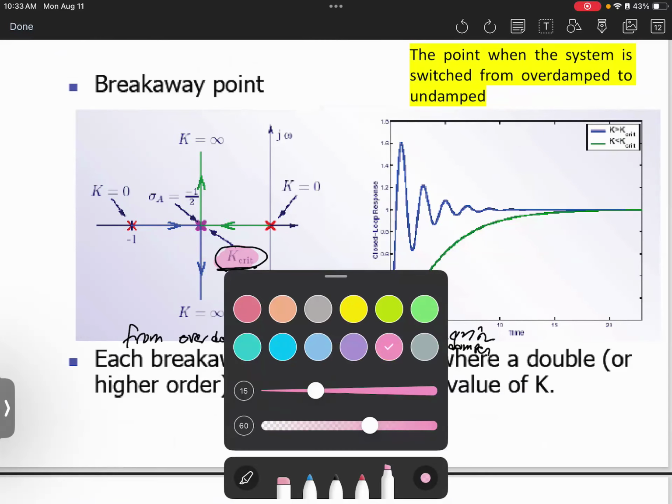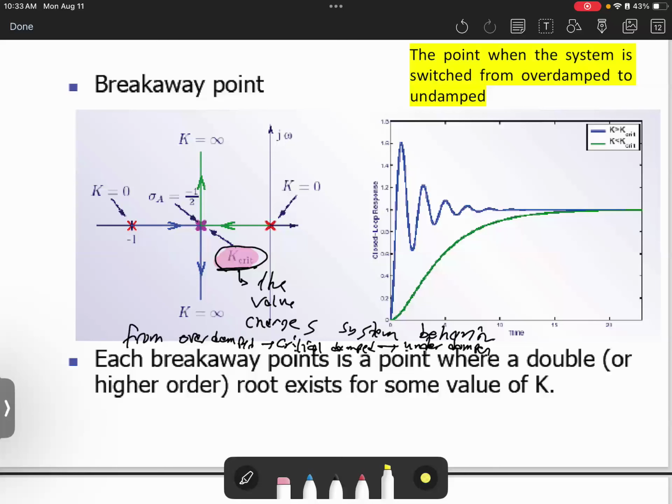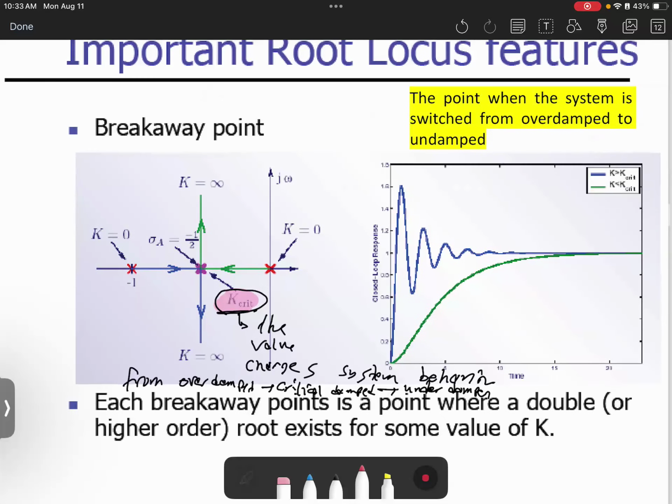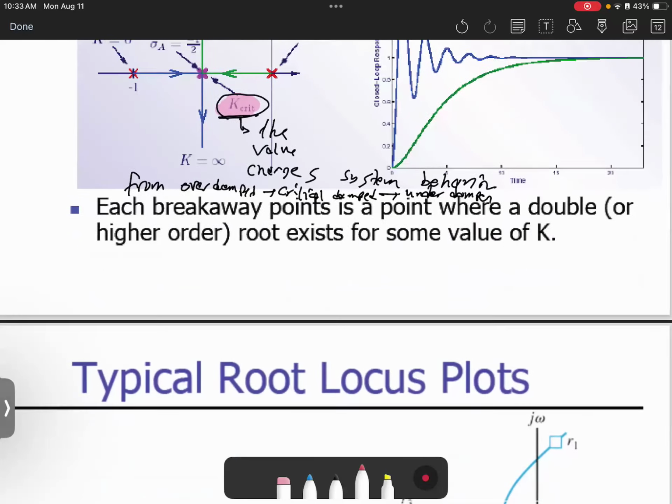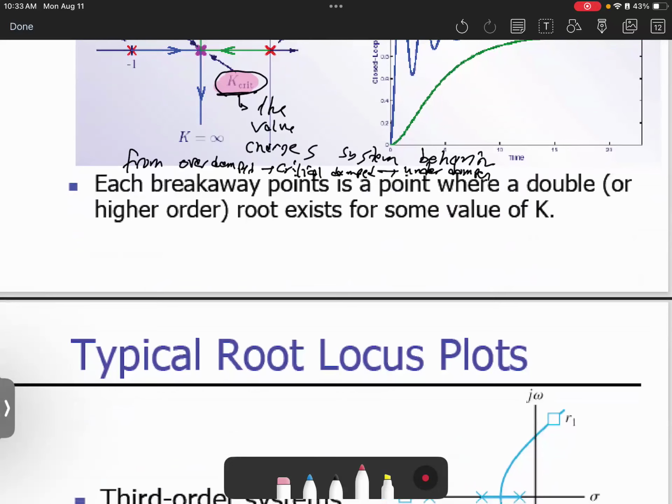If it is after that, it will start oscillating, meaning oscillation starts and omega appears, which is called underdamped. So the point where the system switches from overdamped to underdamped, this is K critical. This is a very important result that I need you to think about and keep in mind.